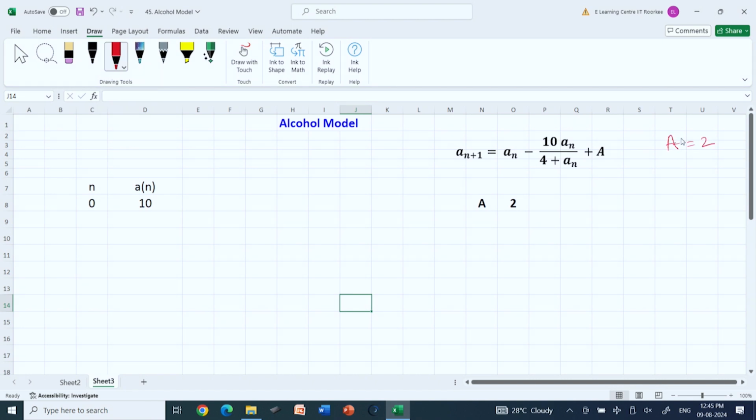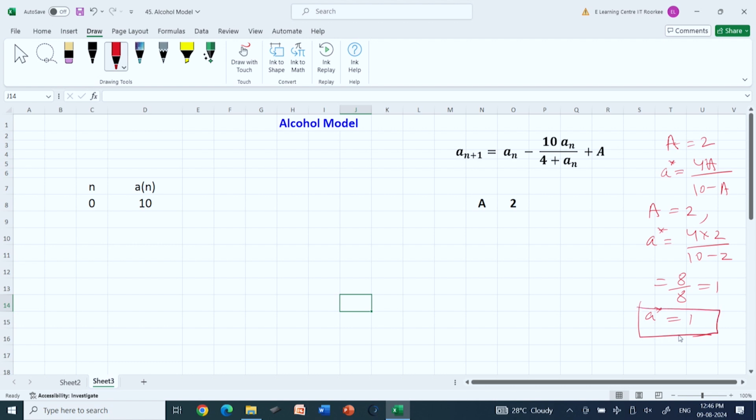As we have shown before, the equilibrium point of this model is given by A star equal to 4A divided by 10 minus A. If we substitute A equal to 2, your equilibrium solution will be 4 into 2 divided by 10 minus 2, so 8 divided by 8, which is 1. So your A star will be 1.